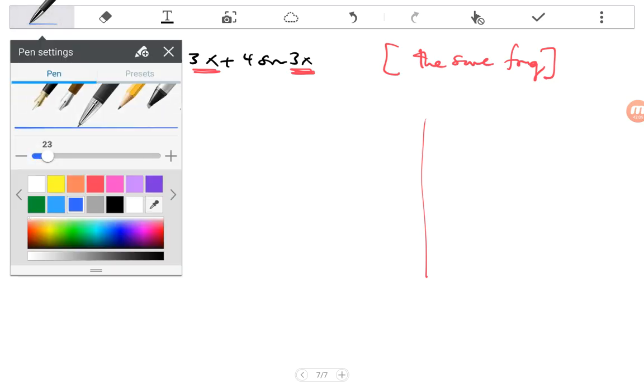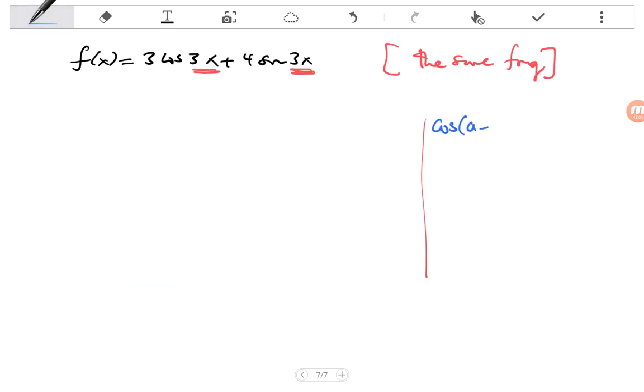If you remember, we have learned the rule which states that cosine A plus B is just equal to cosine A cosine B minus sine A sine B. Just compare these two expressions. It is a constant times cosine 3x plus a constant times sine 3x.